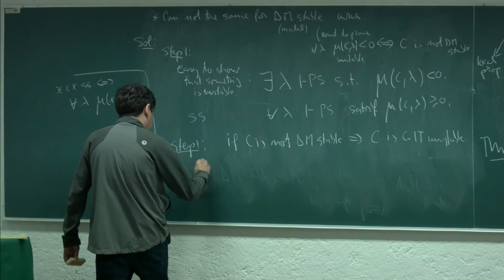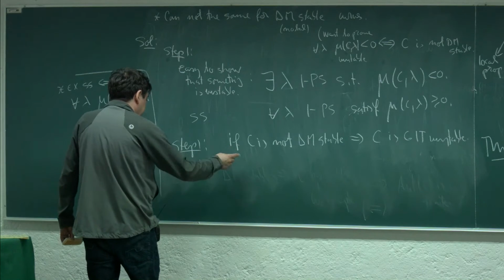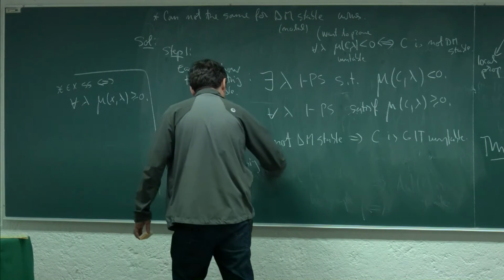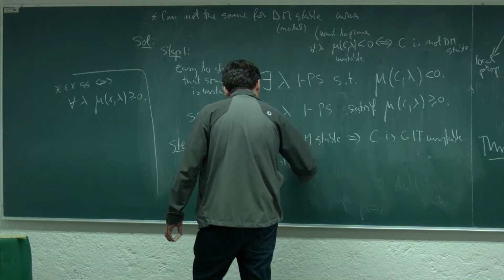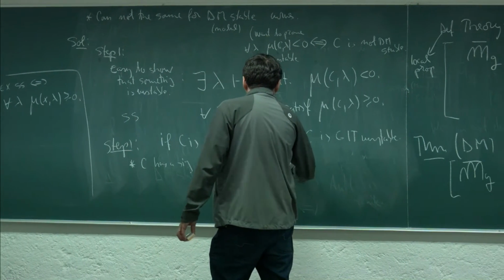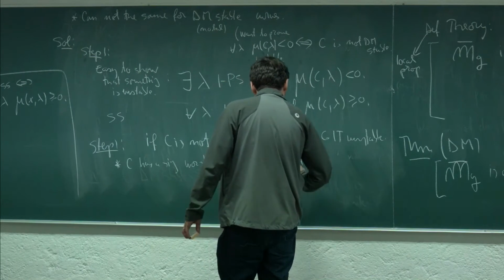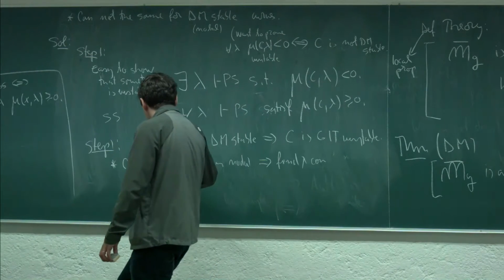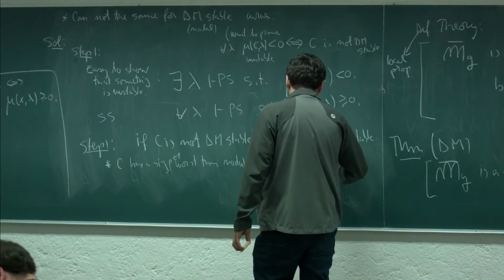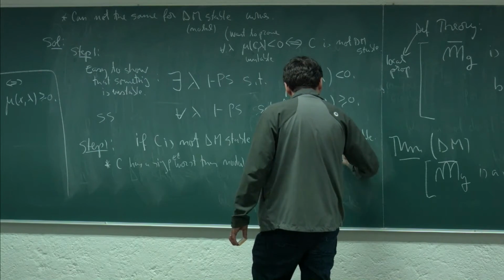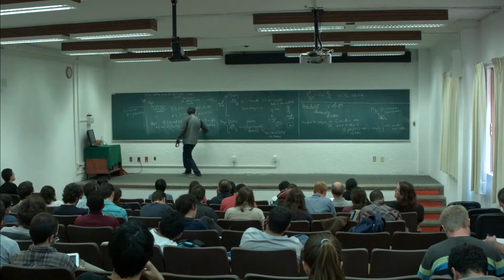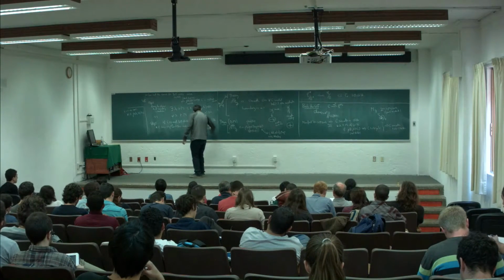I have absolutely no time to explain anything concrete here, but the idea is that if C has a singularity P worse than nodal, then you find a lambda concentrated at P such that mu of C, lambda is less than 0, so it implies unstable.